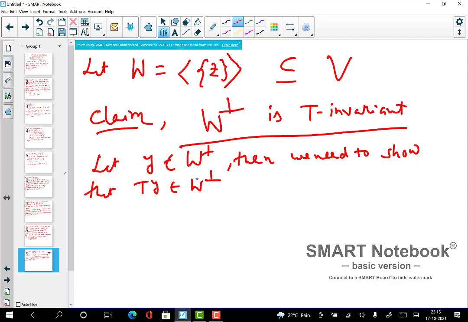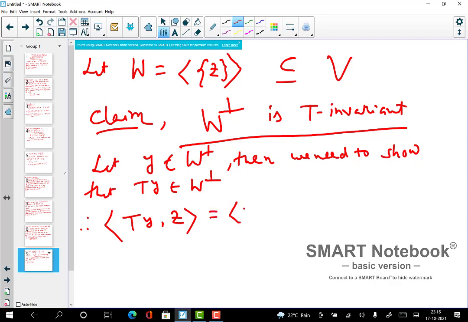Then W perp will be T invariant. Now to show Ty is an element of W perp, what do I need to show? Ty is orthogonal to W, right? And W is generated by only one element, so this is actually the basis of W. So it is better to show it for the basis element, right? So you start with the inner product of Ty with z, and we will show that this inner product is 0, and that will prove that Ty is orthogonal to W, and hence Ty belongs to W perp.